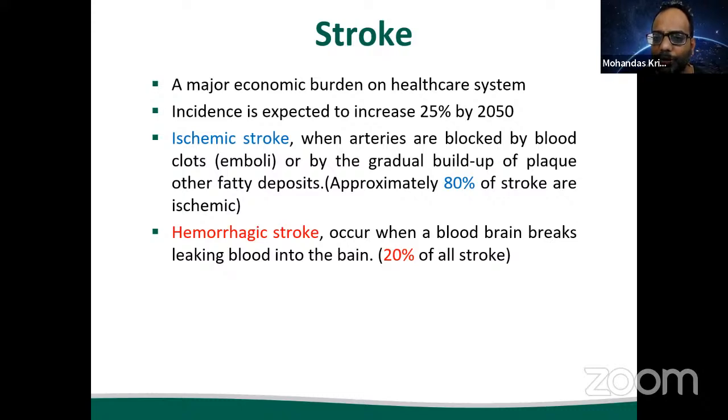When arteries are blocked, when the plaques are built up, the cholesterols are built up in the arteries, especially in the carotid artery and anywhere, they are dislodged. Approximately 80% of the strokes are ischemic. That is, the clot has been dislodged and it goes inside the artery of the brain.